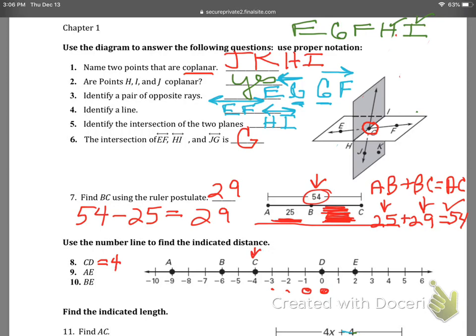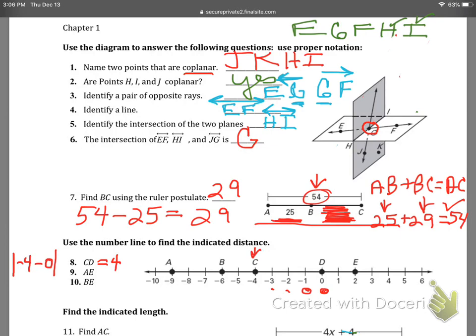So that's one way to do it. The other way, that's more mathematical, which would be a good thing to do as well, is to take the absolute value of, okay, what's C? C is -4 minus what is D? D is 0. So -4 minus 0 is still -4.